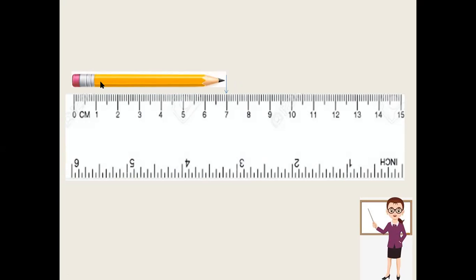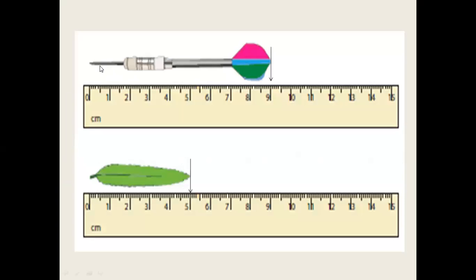So the length of this pencil is 7 what? 7 centimeters. And similarly you can see the length of this dart is 9 centimeters. And this leaf starts from 0 and ends at number 5. Thus, the length of this leaf is 5 centimeters.